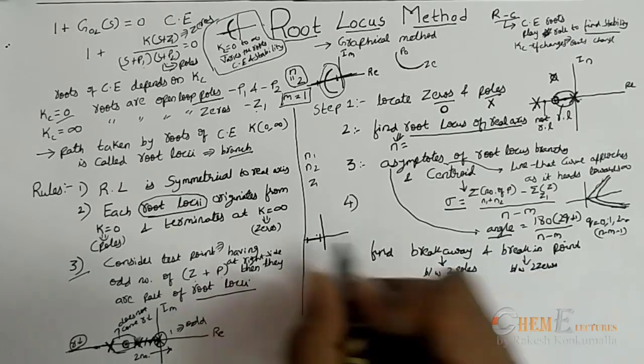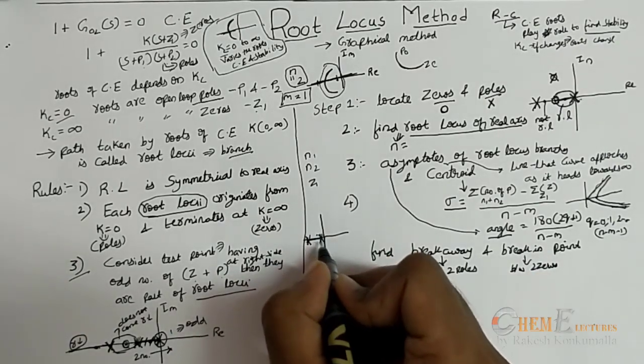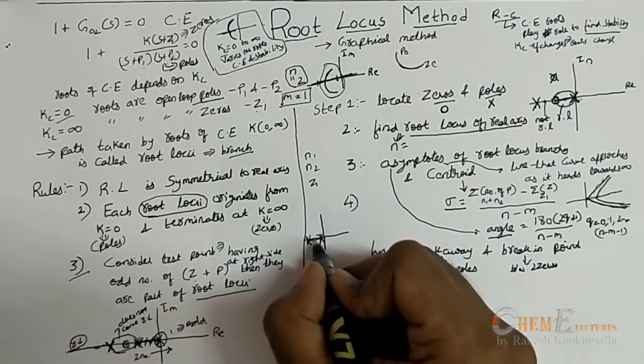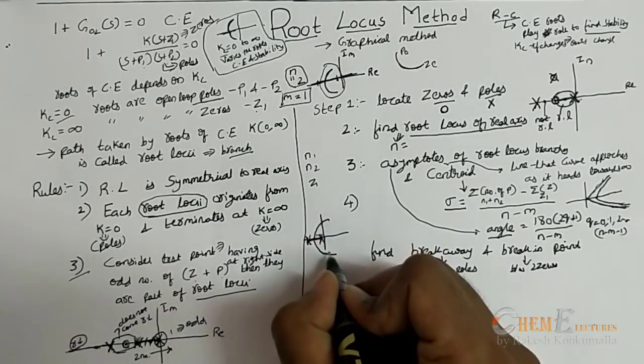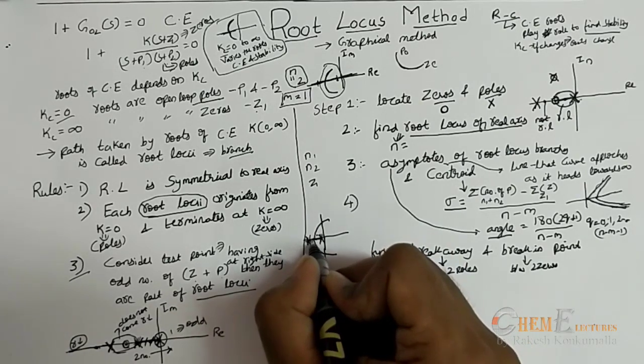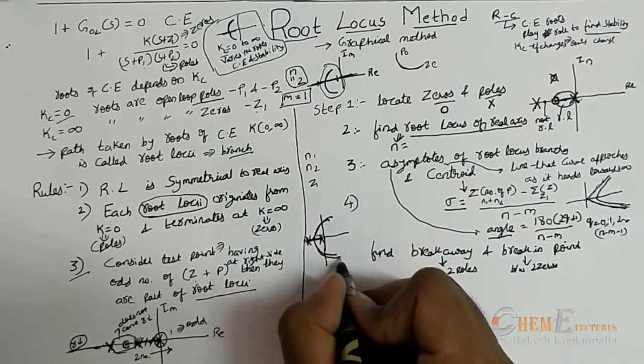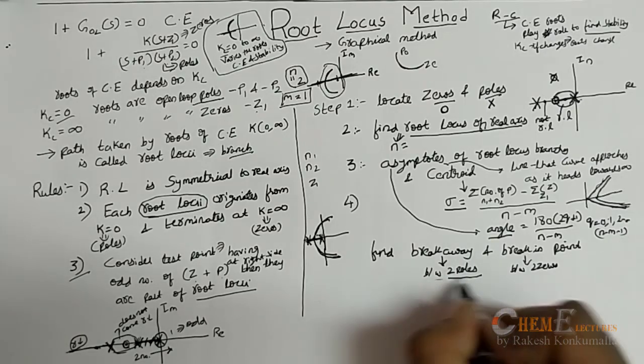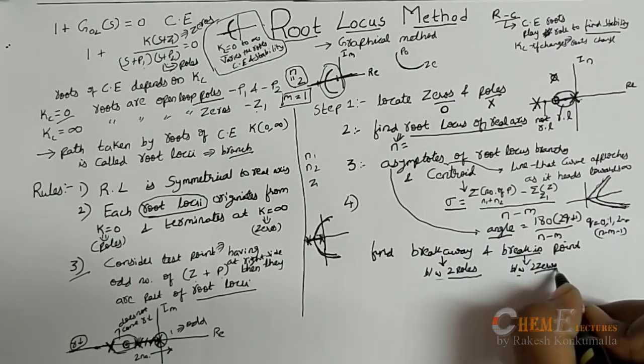Let me take these as two poles, which means that my breakaway in this root locus occurs like this. Let me take an example like this. This is how my root locus will vary. There is a breakaway between two poles and there is a break-in between two zeros.